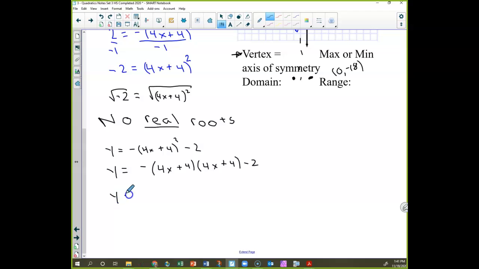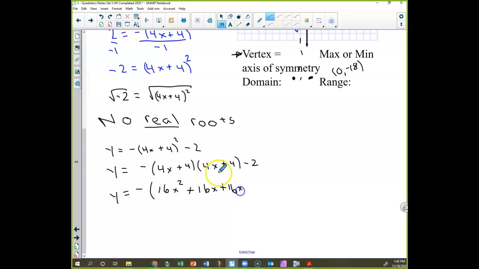So y is negative 1 times... All right, 4x times 4x gives us what? 16x squared. All right. Now we've got 4x times 4, which is going to give us 16x. 4 times 4x, which is going to give us another 16x.